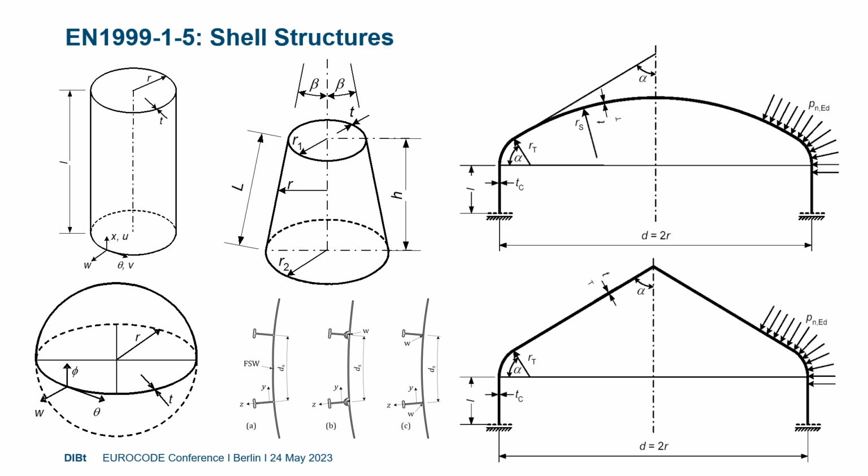The same we can say for shell structures. Shell structures have been the latest part to be developed. On this part, also, there was quite a large numerical analysis in order to calibrate the buckling curves for shell structures.